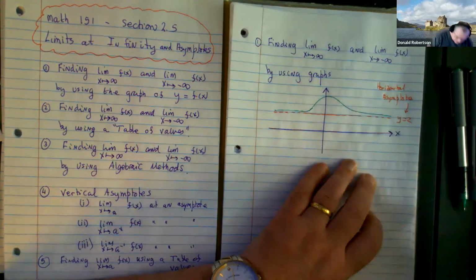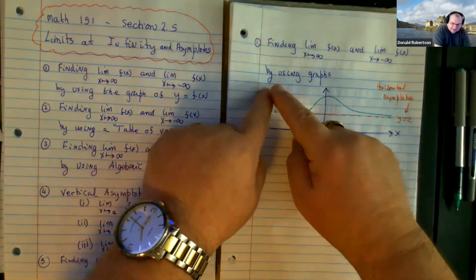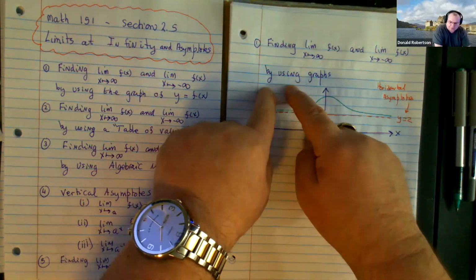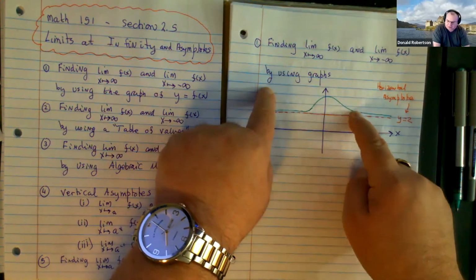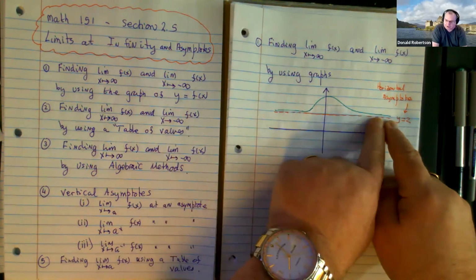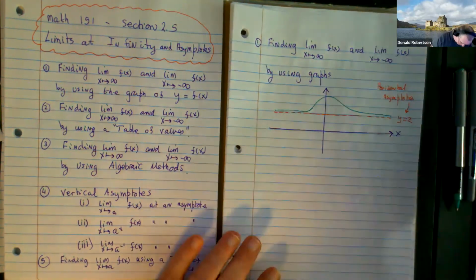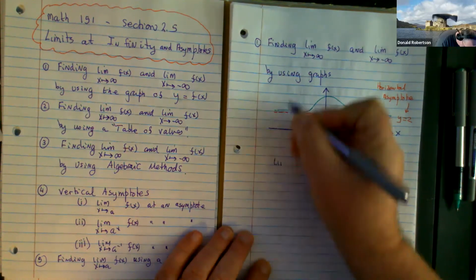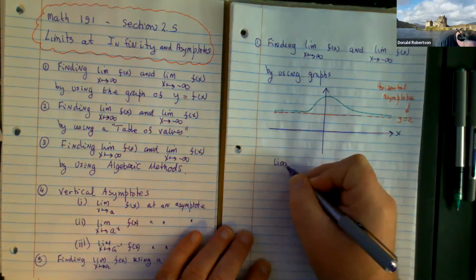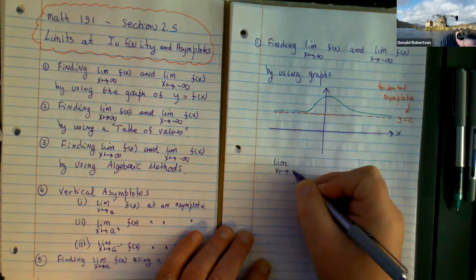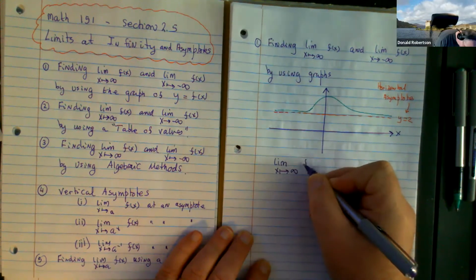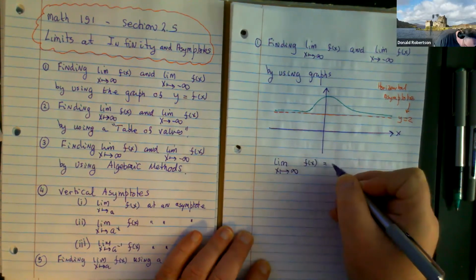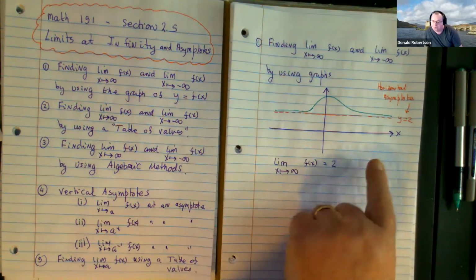That's that guy. That basically says, look, as the values of x get bigger and bigger and bigger, this function levels off at a y value of 2. And the answer to what is the limit as x tends to infinity of a function is just that number.